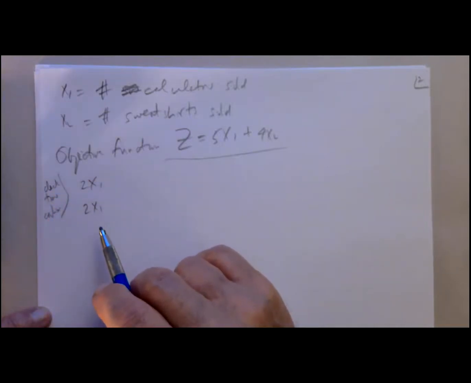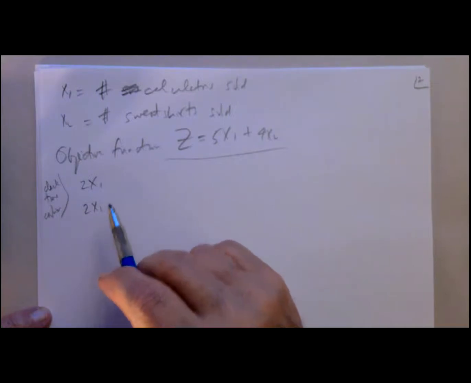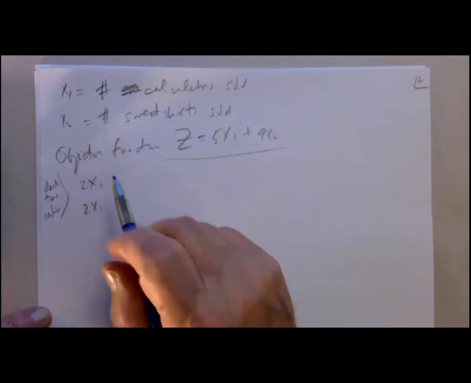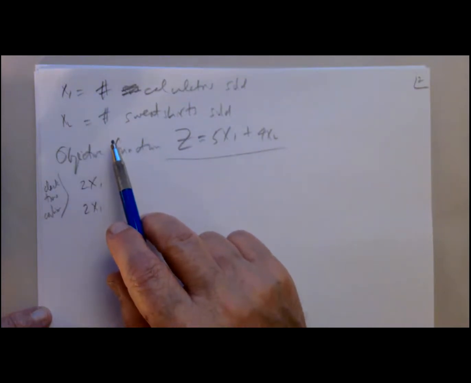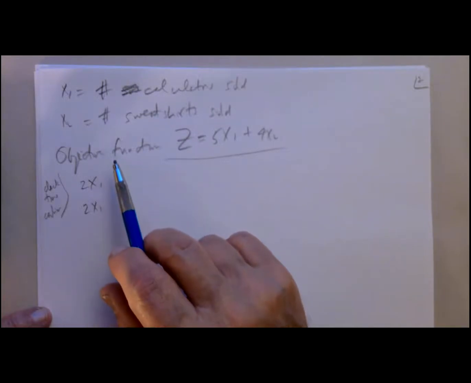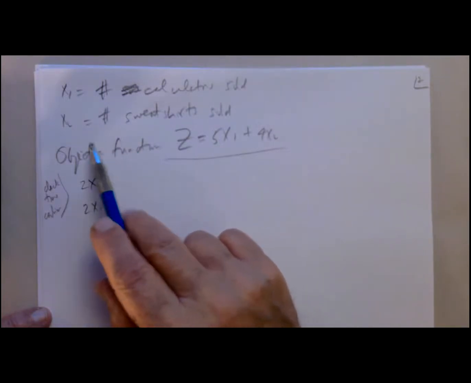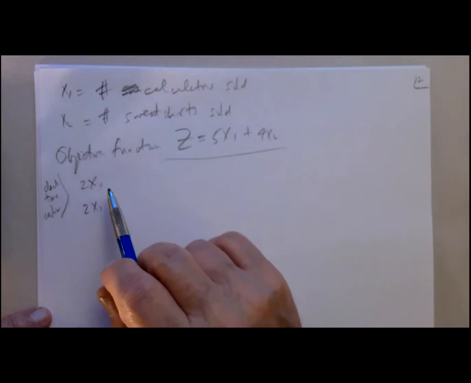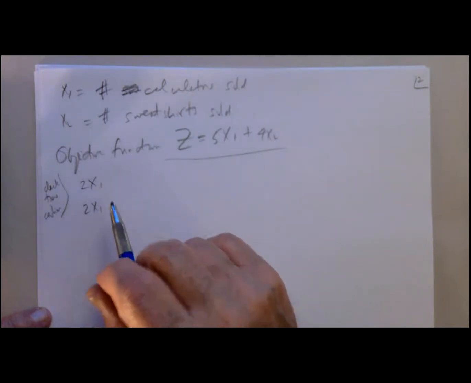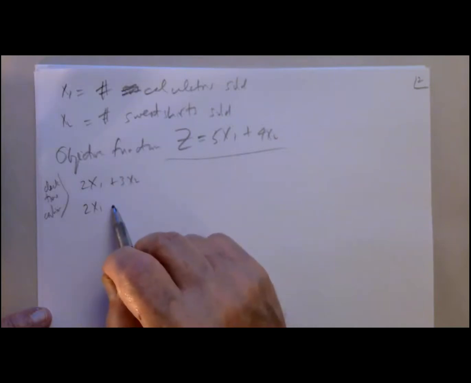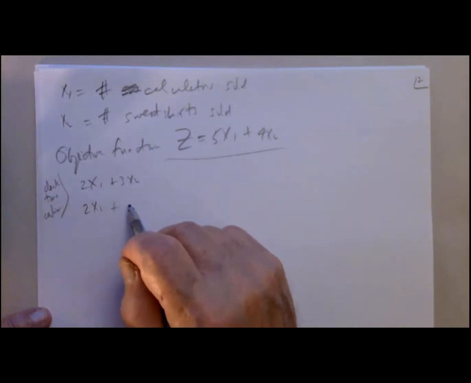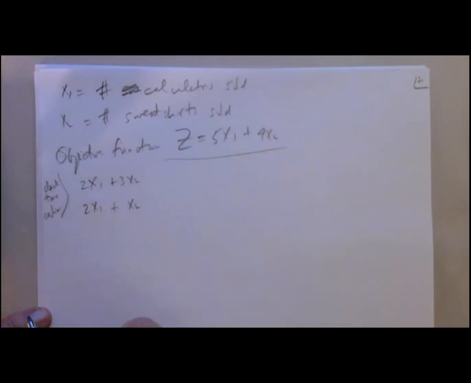If you sell a sweatshirt, it takes 3 minutes of a sales clerk's time. So if you sell x2 sweatshirts, it takes 3x2 minutes of the clerk's time, and it takes only 1 minute of the cashier's time, 1 times x2.